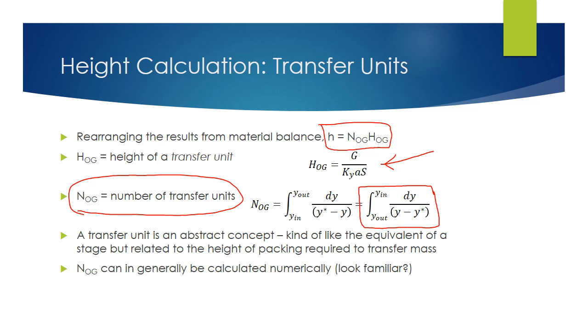Also notice that this number of transfer units can be calculated numerically or analytically depending on how y star depends on y. And it looks actually very similar to what we have in batch distillation, where we had the difference between the mole fraction in the liquid phase and the mole fraction in the vapor phase.